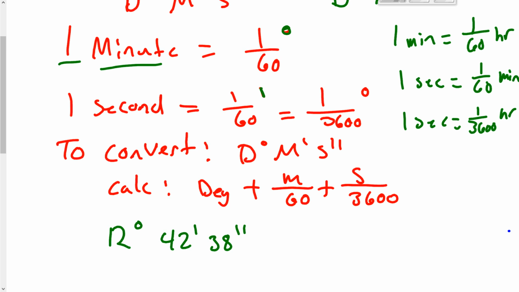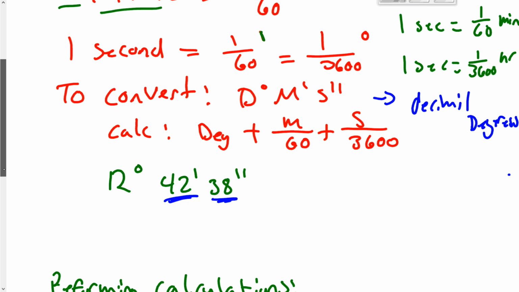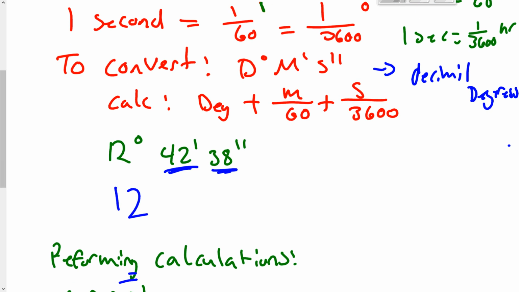Because what you're trying to do is you're actually converting from degrees, minutes, and seconds to decimal degrees. So what we're actually trying to do is turn this into degrees and this into degrees. Okay? So we already have 12 degrees, so we don't need to mess with that.